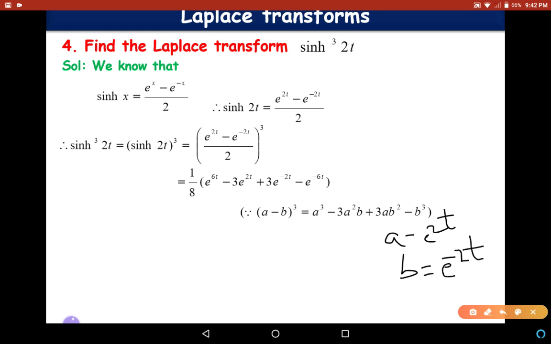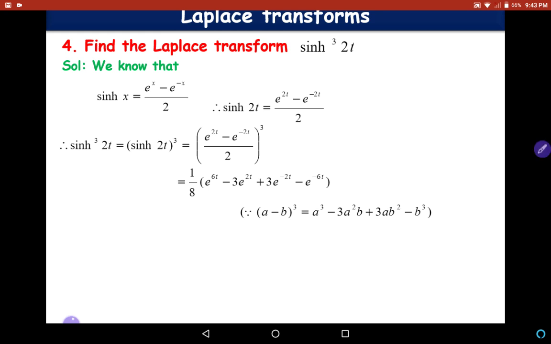So if we substitute in this formula, we get a³, that is (e^2t) whole cube is e^6t, minus 3 into a²b, that is e^4t into e^−2t is e^2t, plus 3ab², that is 3 into e^2t into e^−4t, that is 3e^−2t, minus b³, that is (e^−2t) whole cube is e^−6t. So this is sinh³ 2t.